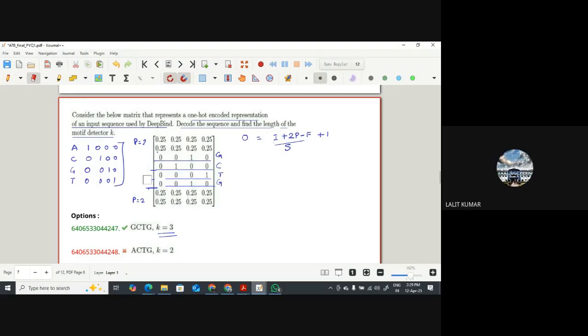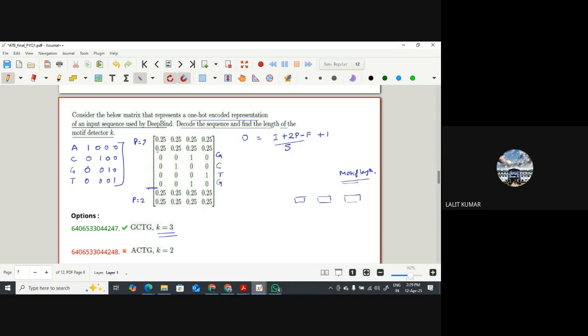So this padding which has been done, if the sequence is, for example, of length 4, then you always make a motif. First of all, they have not told us what the motif length is, because the motif length can be 2, it can be 3, it can be 4.